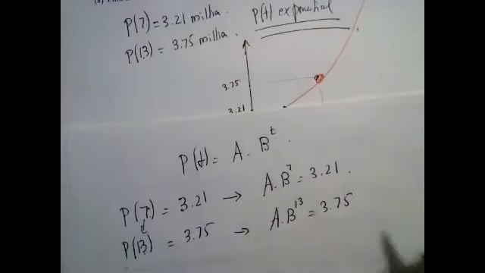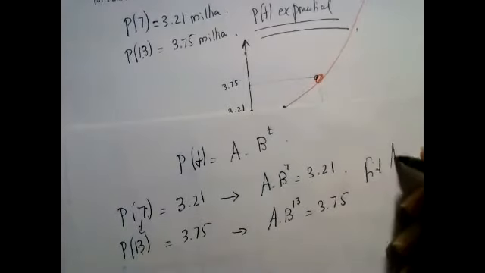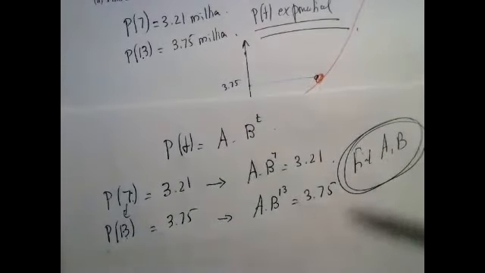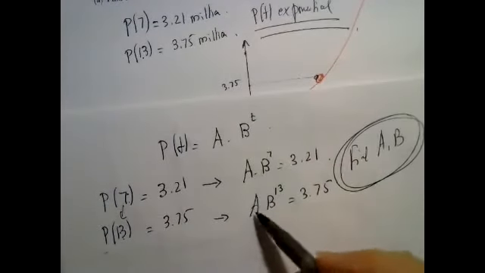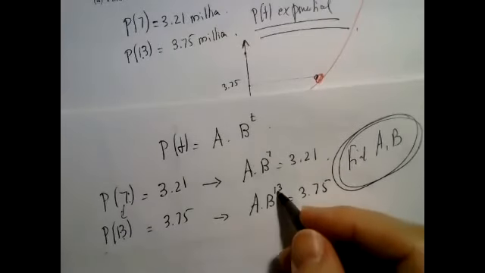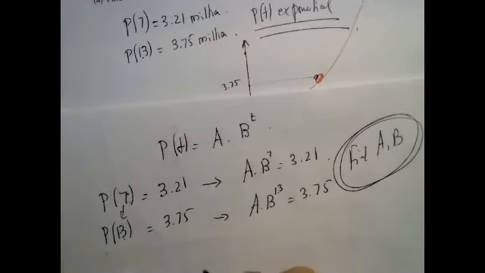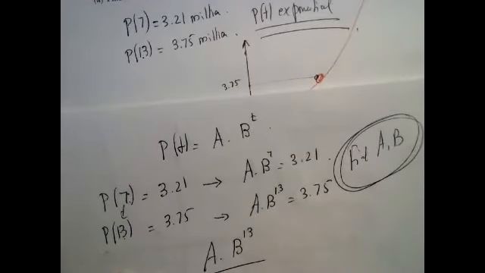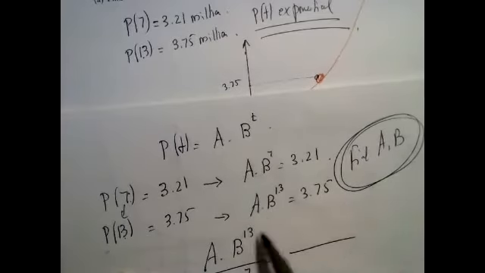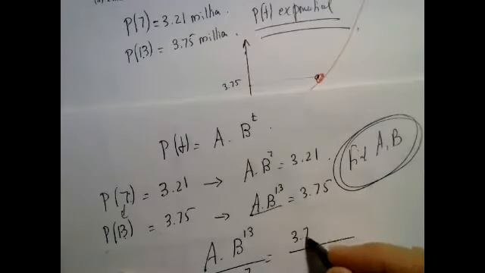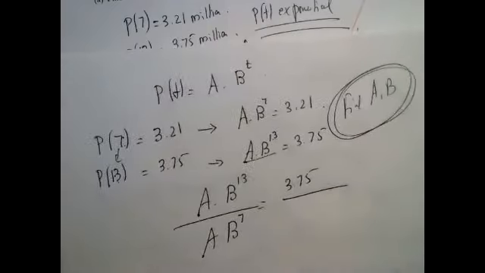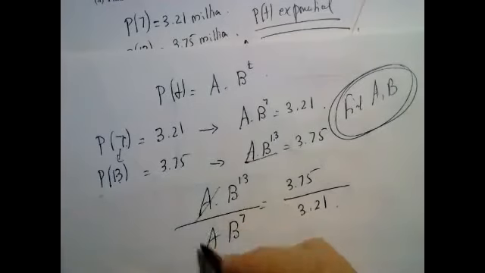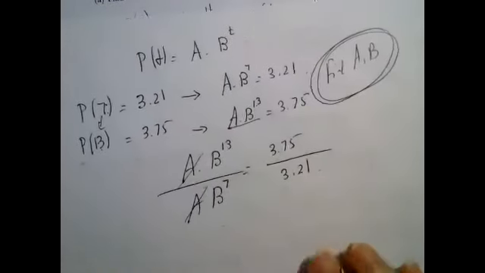So these are my equations now, and the question now is to find A and B. By now, the mechanic is simple. We divide them by each other to get the B. And we use the highest power first because the problem will be much simpler that way. So I get 3.75 on one side, and this will be equal to 3.21. The goal, as I said, is we get rid of the A and we isolate the B.